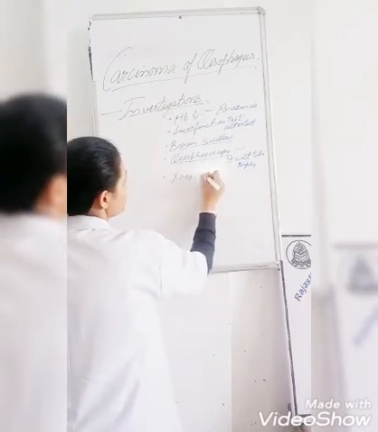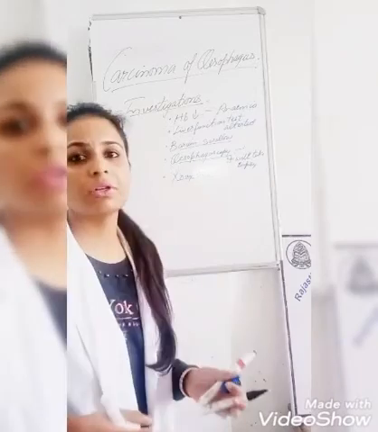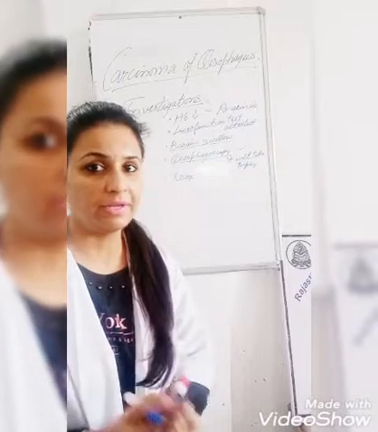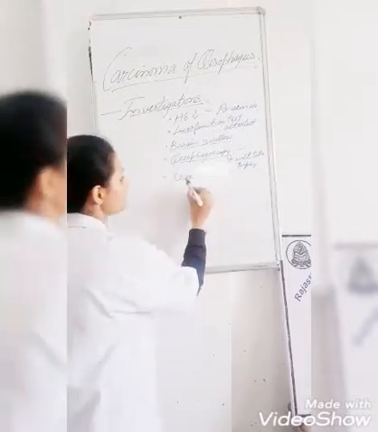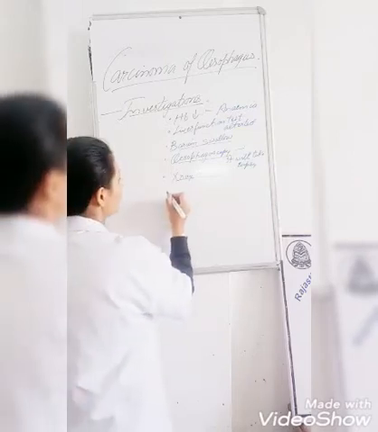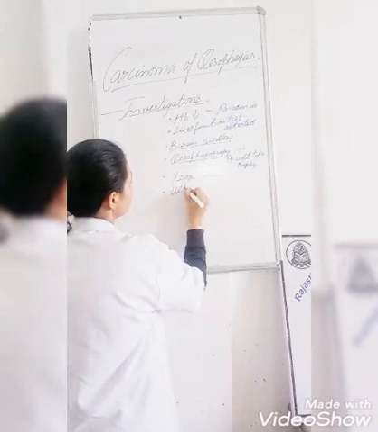Then X-ray chest. Chest X-ray will rule out the aspiration pneumonia or mediastinal widening. Then ultrasound.